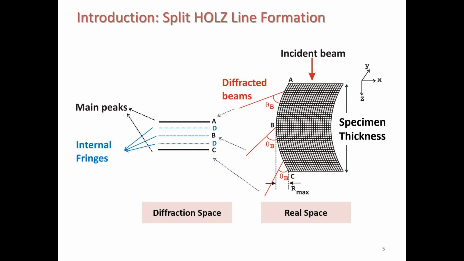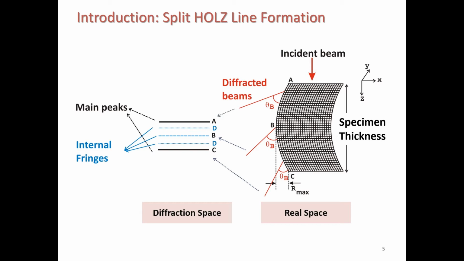In this slide, you can see the effect of a hypothetical bend in crystal on the HOLZ line. Assuming a non-strained crystalline plane, the electron beam will be Bragg diffracted onto a HOLZ line at B in diffraction space.